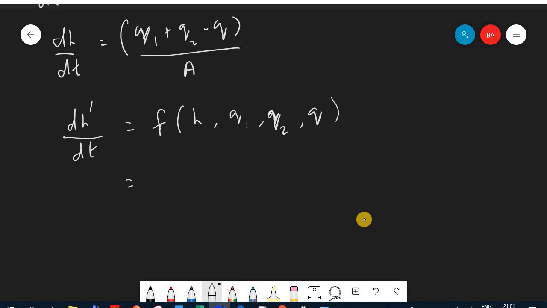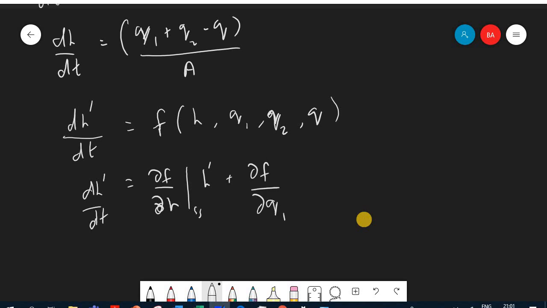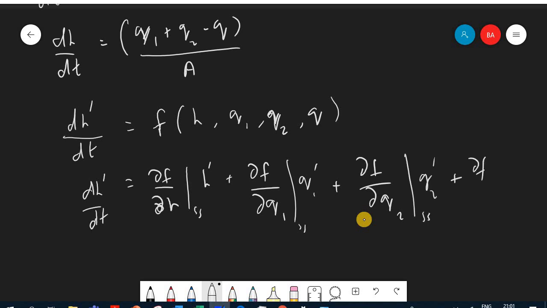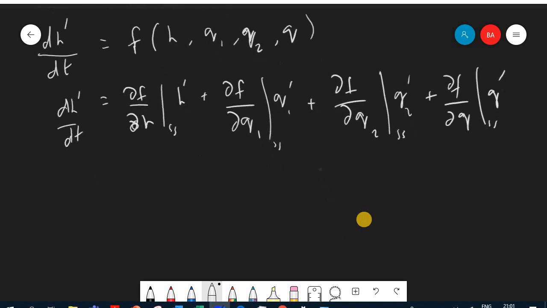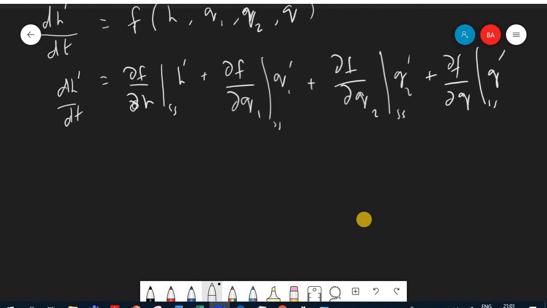So dH prime by dt is equal to dF by dH times H prime, plus dF by dQ1 times Q1 prime, plus dF by dQ2 times Q2 prime, plus dF by dQ times Q prime. This is the equation that I have here.